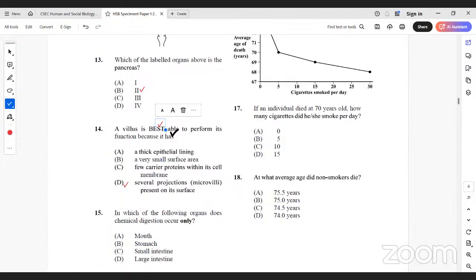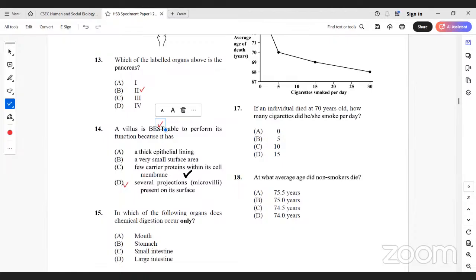The point of the villi, villus, microvilli is to increase surface area. You want to increase the movement of substances across the membrane. So a thick epithelial lining, no, right? You want a thin one. A small surface area, again, that's the opposite of what the function requires.